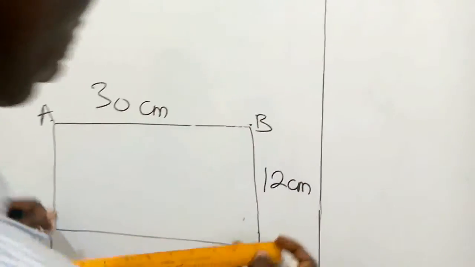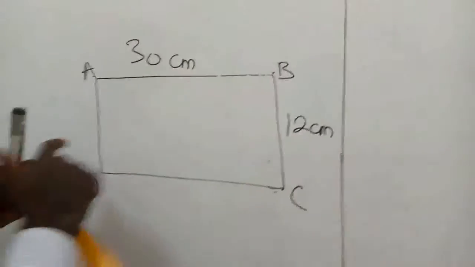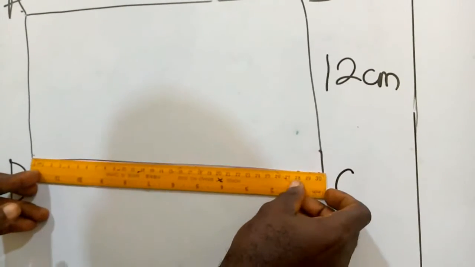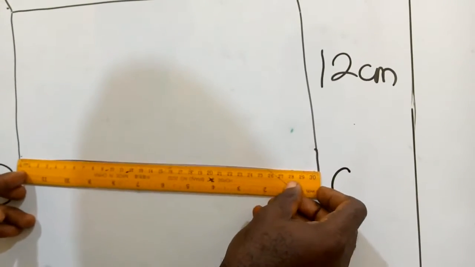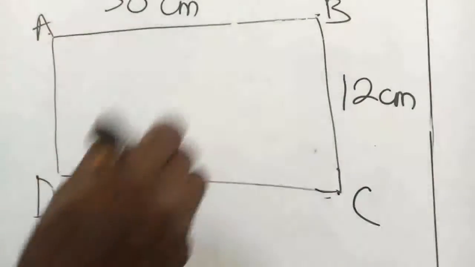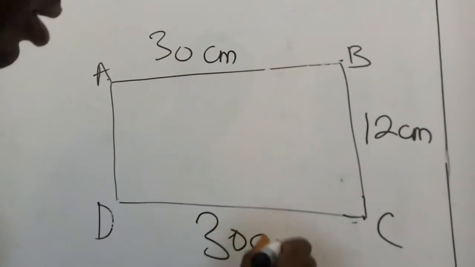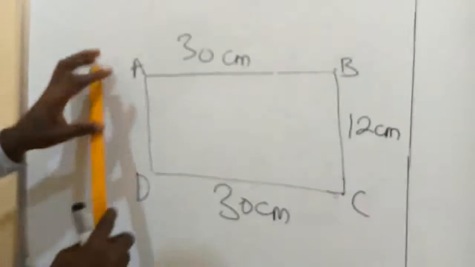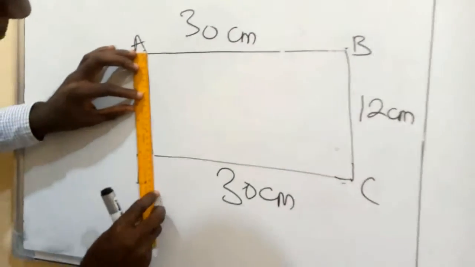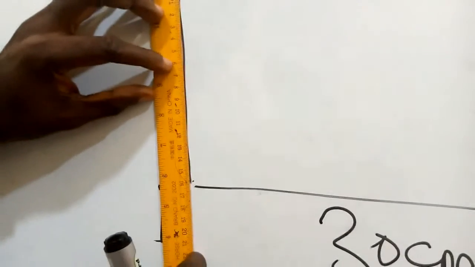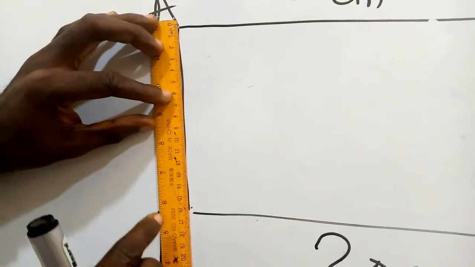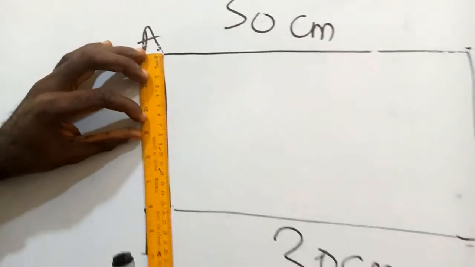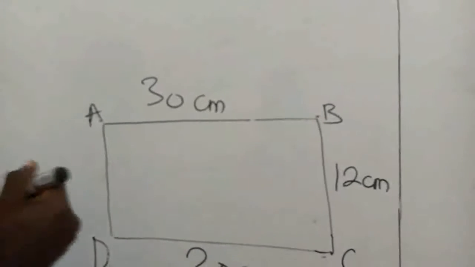And the length of this other side is 30 centimeters, the same as side AB. Also the breadth is 12 centimeters.